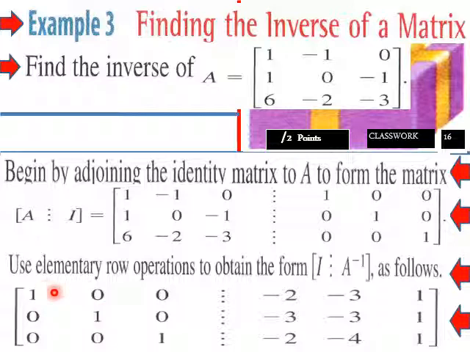So here we want to get to this point here, which we did, and by our row manipulations, this matrix here turned into this matrix here after our row operations.